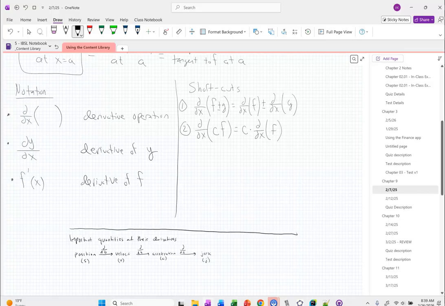The second is that by taking the derivative of a constant times some function, I can ignore the constant, take the derivative of the function, and then multiply the constant in at the end. Is everybody okay with that idea? We'll do examples here in a minute, and it'll be clear how we'll use these things.